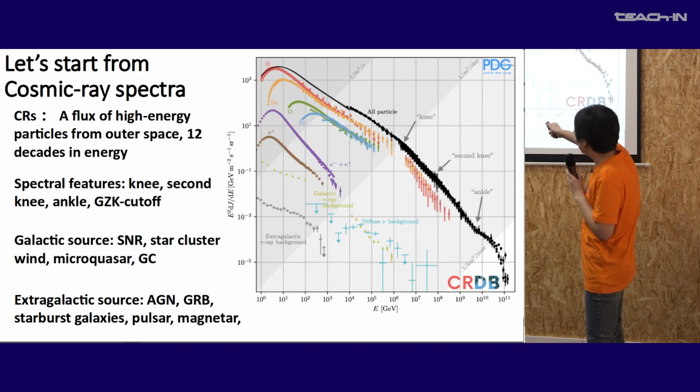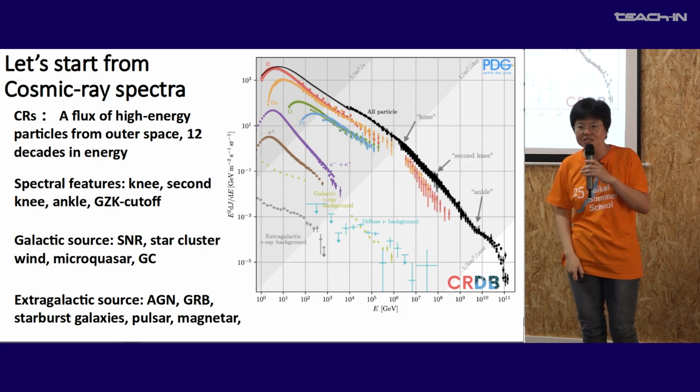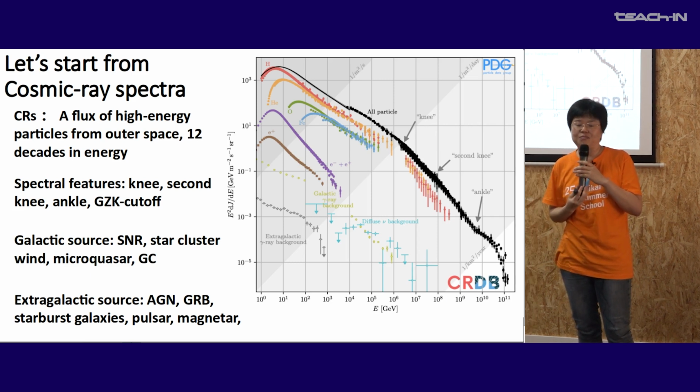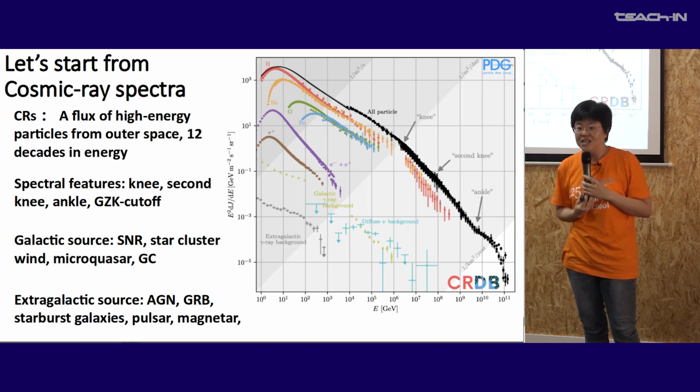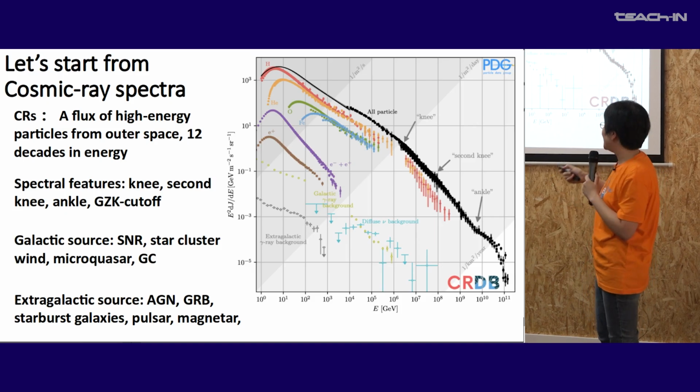So showing here, with the energy spectrum, you can see, okay, if you add all of the particles together, the photon index here, the slope, is quite consistent. It's like 2.7. So that means probably they're from the same population, source population, right? So, okay, then we are fine with that.